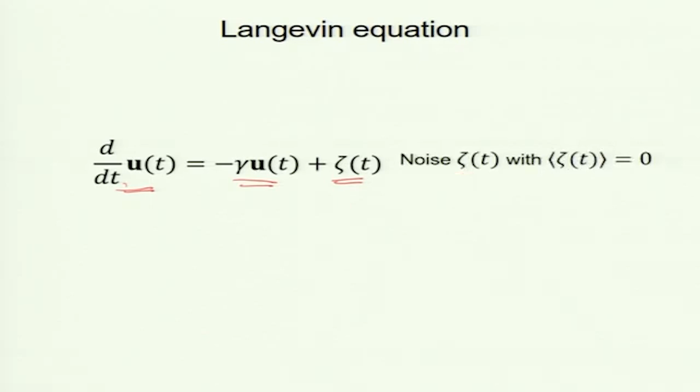The time average of the force acting on it is 0, but in statistical physics, for ease of calculation, we assume the ensemble average. The ensemble average means you have created a lot of similar systems.